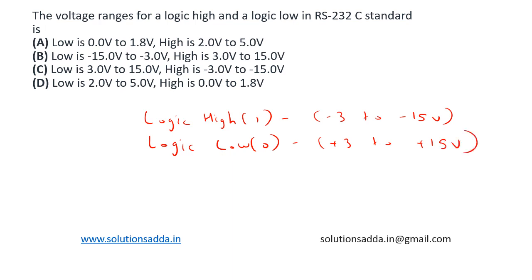So based on the options, option C, low is 3 volt to 15 volt and high is -3 to -15 volt, is the right answer.